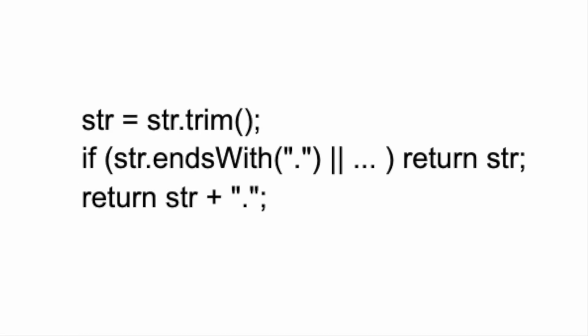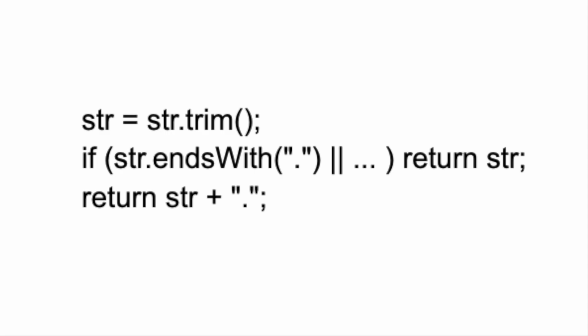Next here is punctuate. It adds a period to the sentence if it doesn't already end with a period, exclamation mark, question mark, or even a quotation mark. So, why does this work? Here I first trimmed the trailing spaces so they don't interfere with the check.